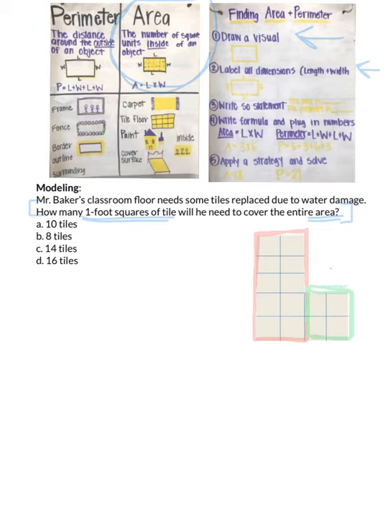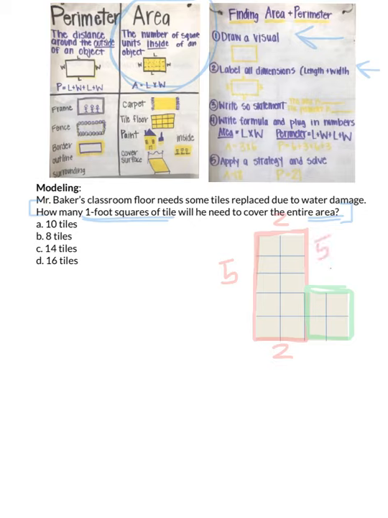Okay, now I'm going to go through and label these dimensions. So first with my rectangle, I see I've got 2 square units here. So my dimensions are going to be 2 and 2. Okay, now looking at the length, I see 1, 2, 3, 4, 5 squares long.